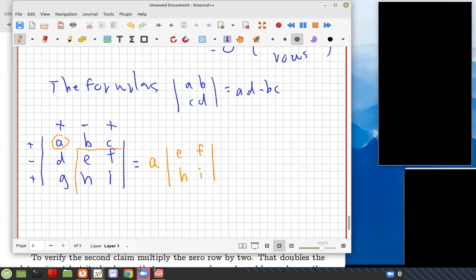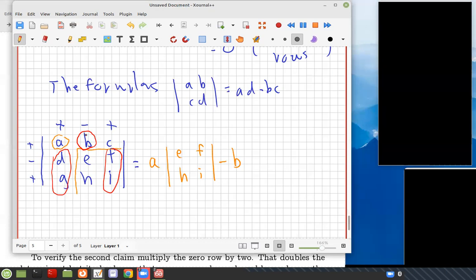Then we take the sign here, if we're expanding along this top row, minus B with the determinant of this column and this one. See, with A, I left off the first row and the first column.